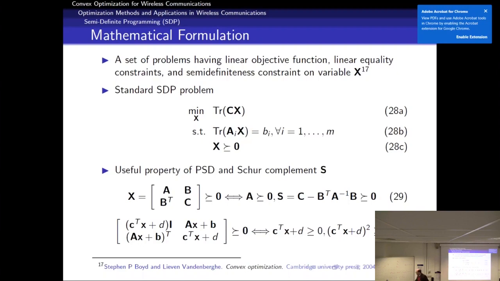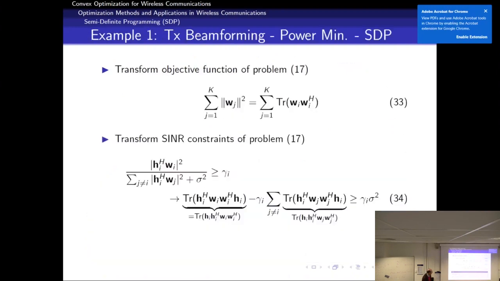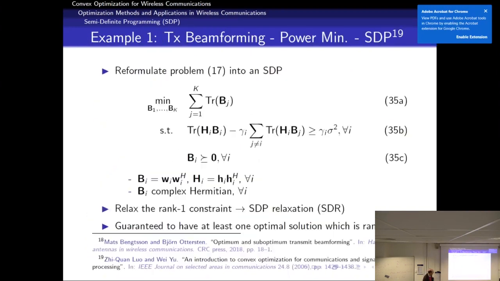So if I have trace of A_i X is equal to b_i, right? CVX expects this. But in our problem formulation, we didn't have an equality there.